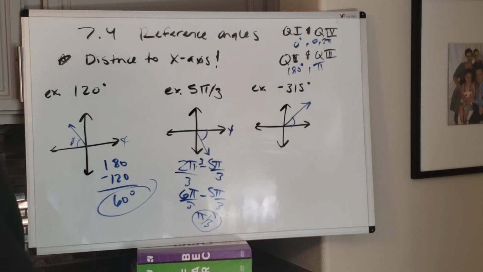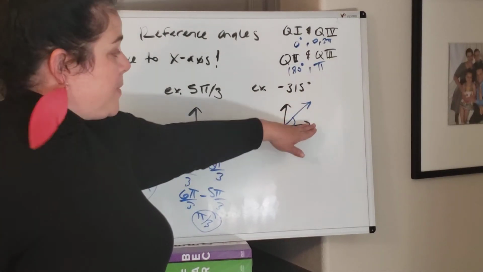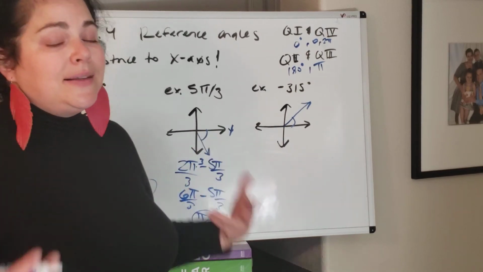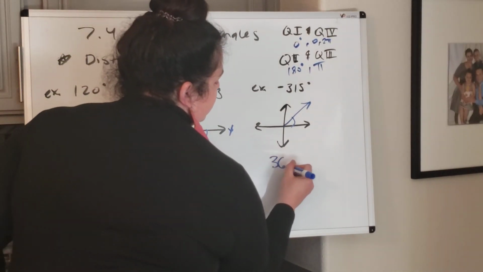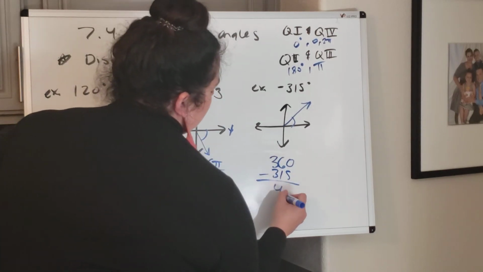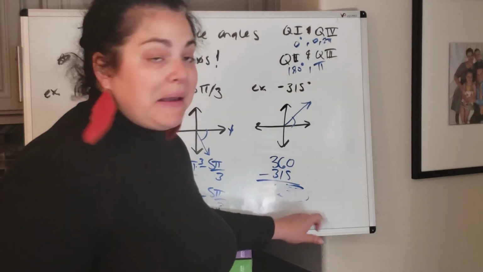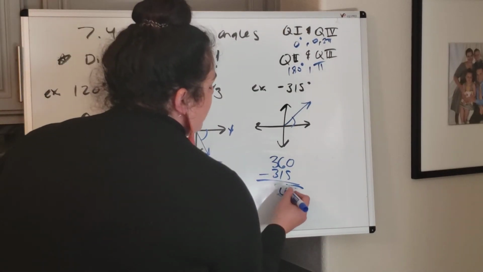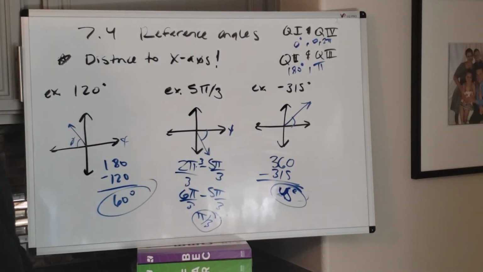Since I'm taking my small from my big, this is 360 or 0. It doesn't matter which way you go. I'm going to take 360 and subtract my 315, which gives me 45. Sorry guys. Which gives me my reference angle, I can't write today, of 45 degrees.